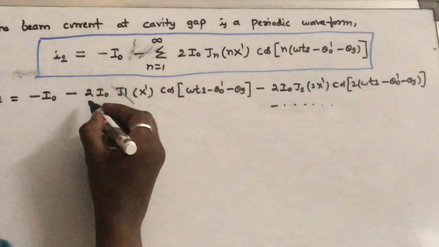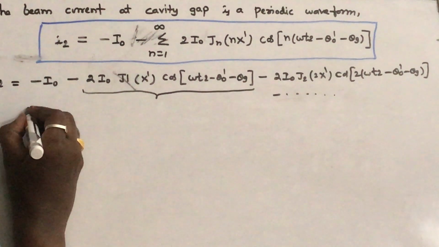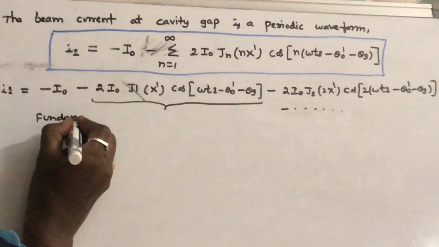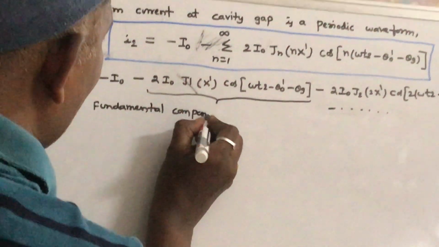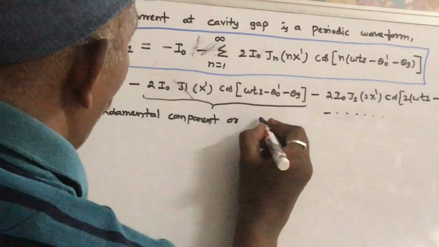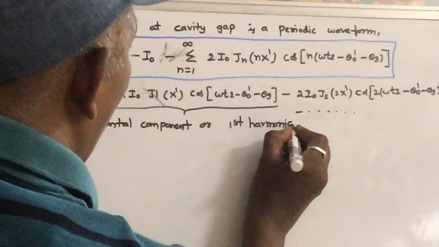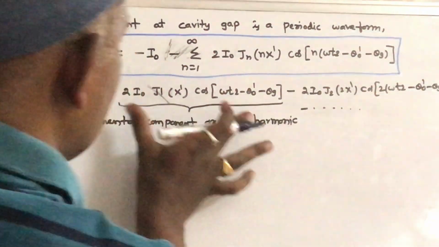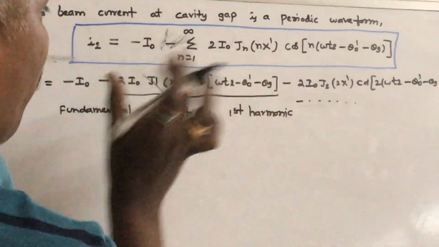As explained earlier, this is called the fundamental component or first harmonic. This is the dominating component as compared to the other components. So the fundamental component or first harmonic is the dominant component.